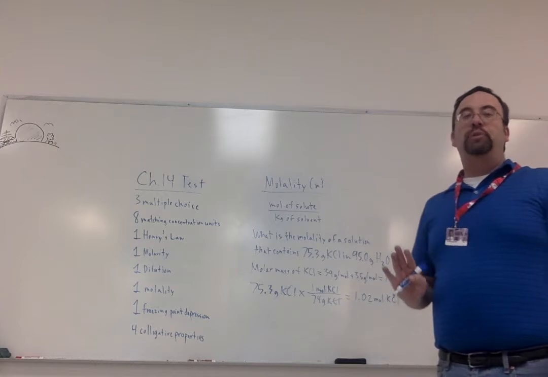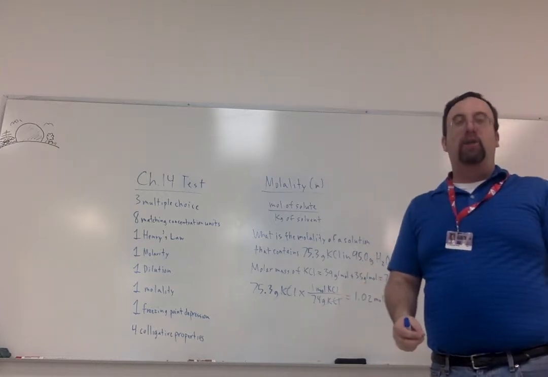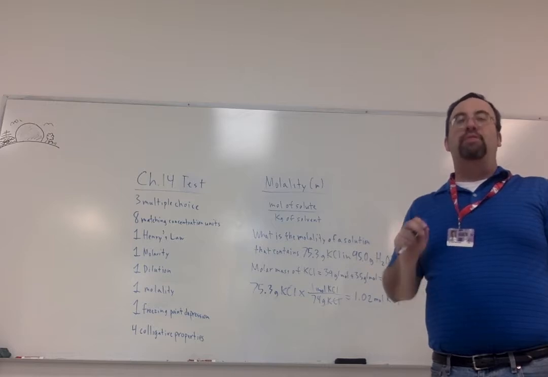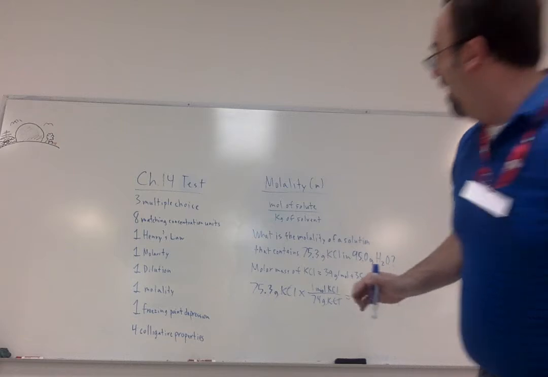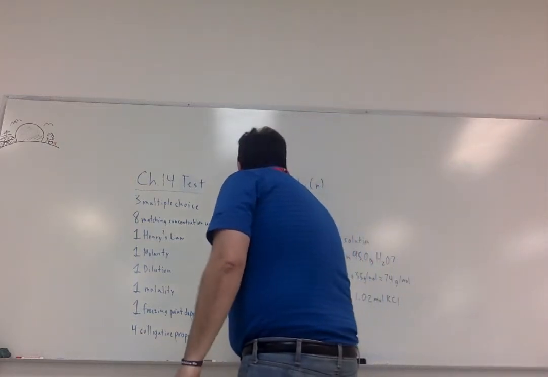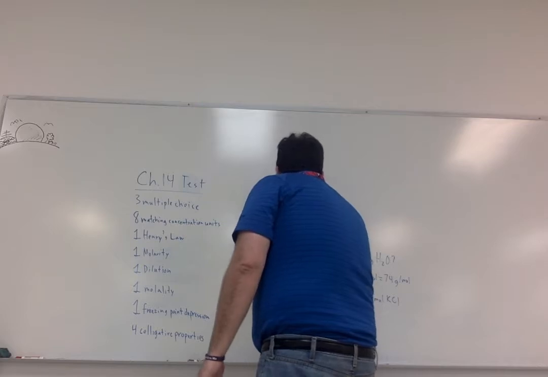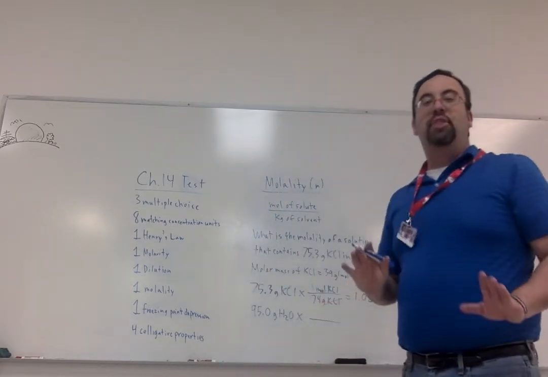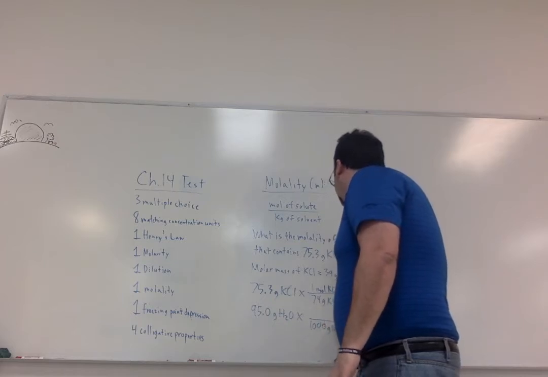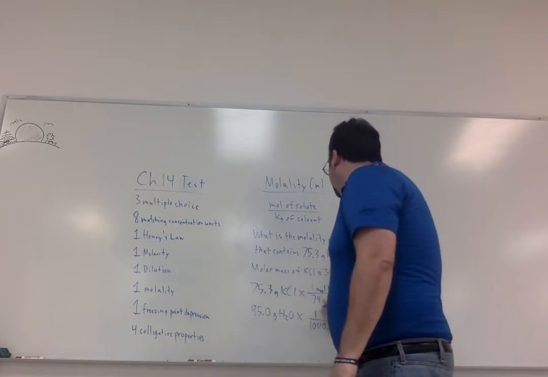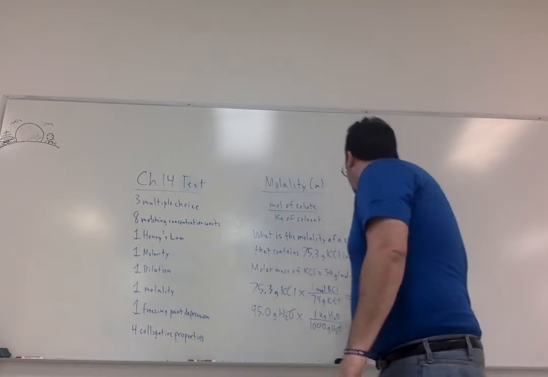All right. Now what we need to do is convert the grams of water to kilograms of water. And so remember that there are 1,000 grams in 1 kilogram. So we'll go ahead and convert this, 95.0 grams of water times, and we'll put the 1,000 grams on the bottom so that the units cancel out, and the 1 kilogram of water goes on the top.